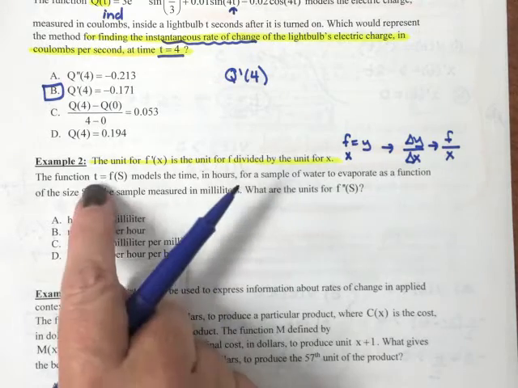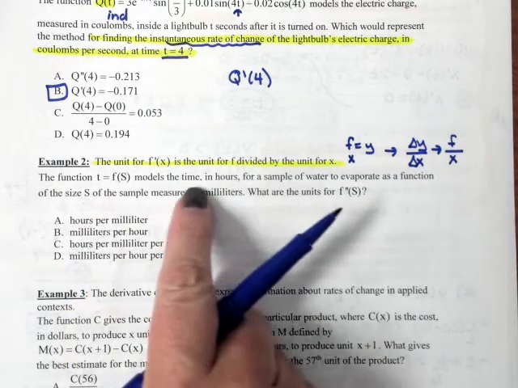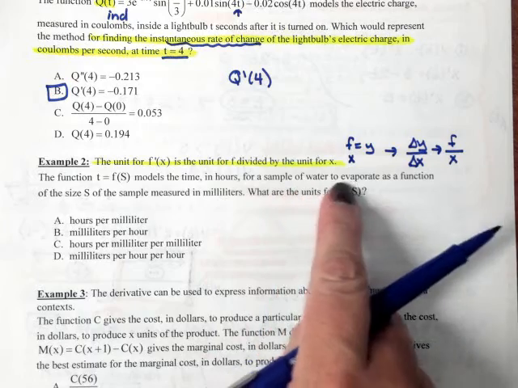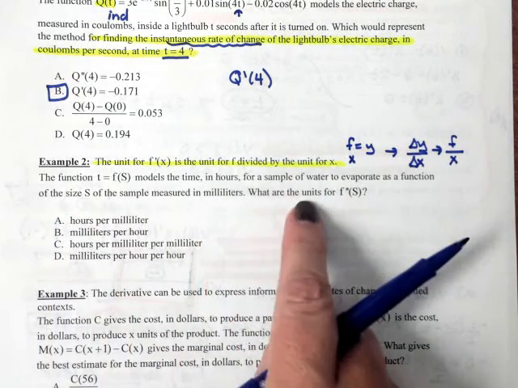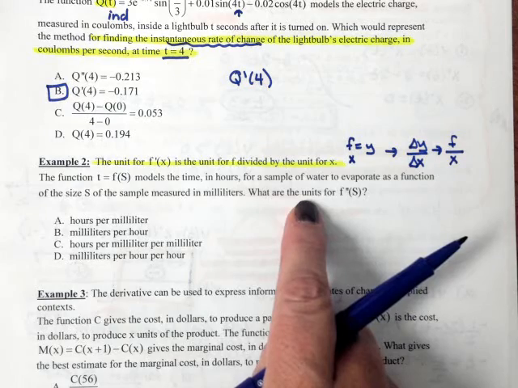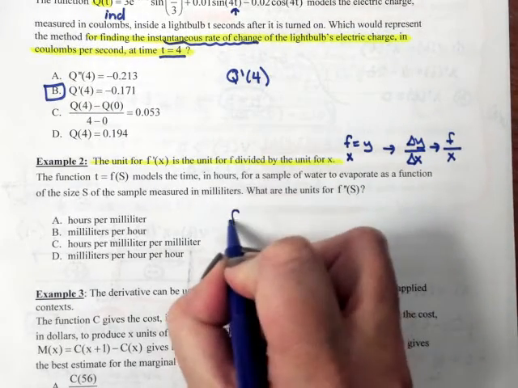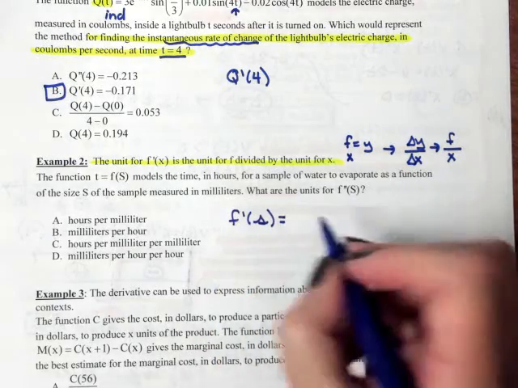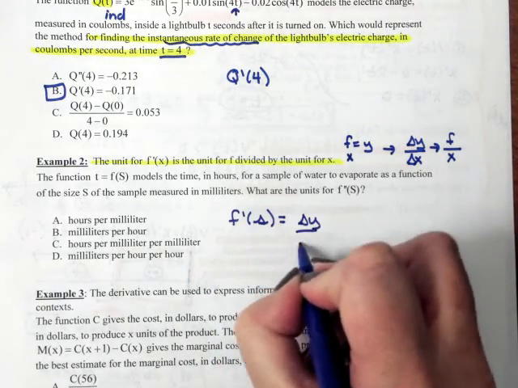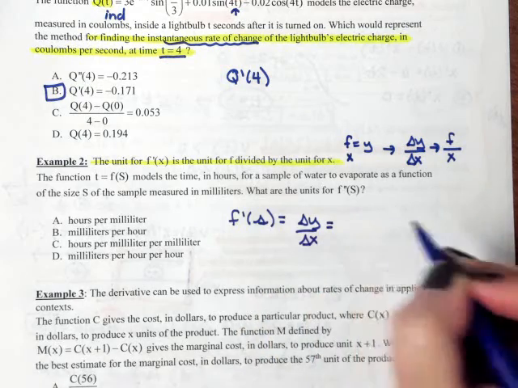So for example, if t is equal to f of s models the time in hours for a sample of water to evaporate as a function of size s, measured in milliliters, what are the units for s? So again, remember, we talk about f prime of s. F prime of s, remember, is our change in y over change in x when we talk about our units.